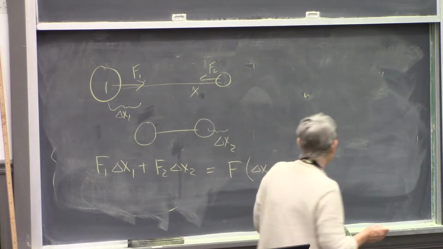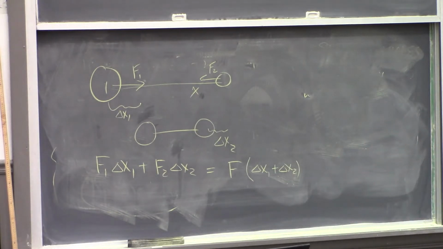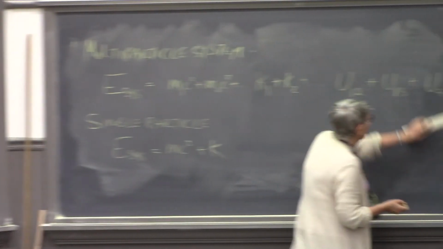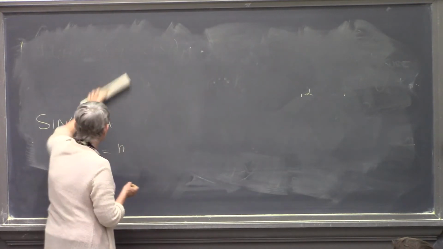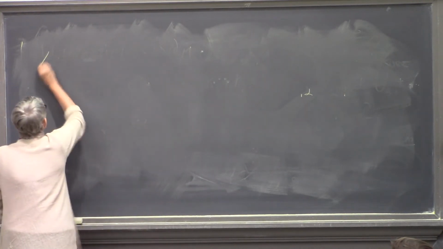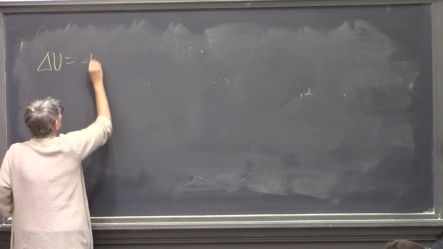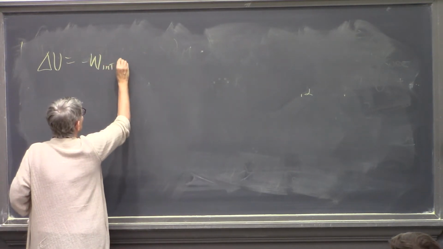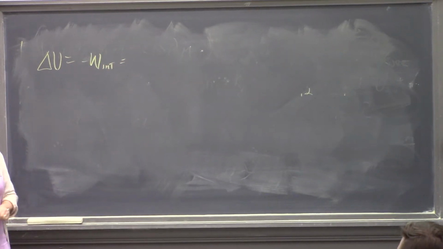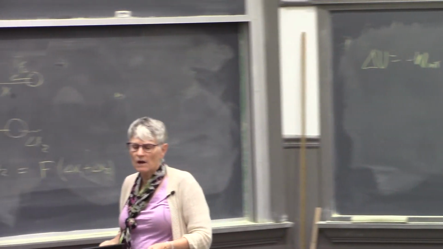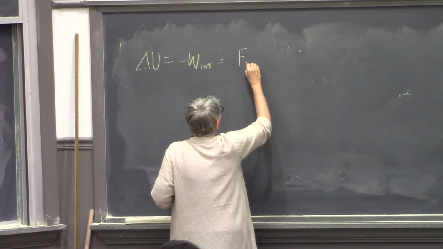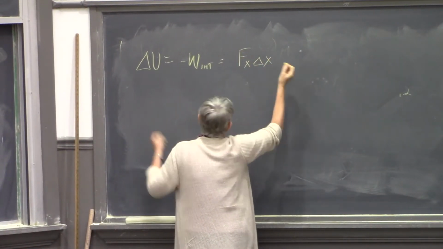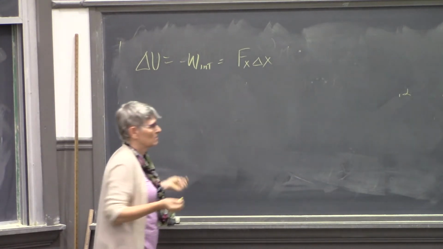So the change in potential energy is going to be the negative of the internal work done in this system, and that's going to be equal to minus, in general, Fx delta x.